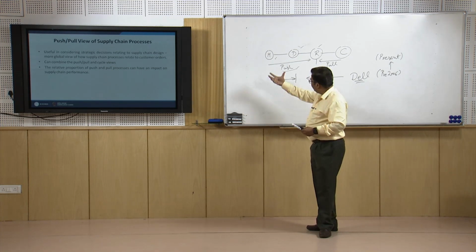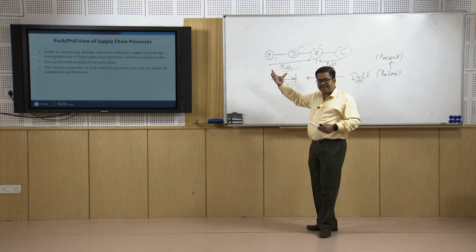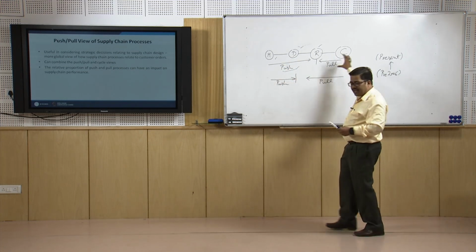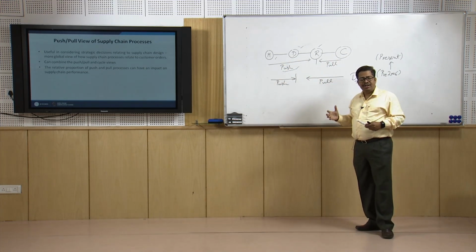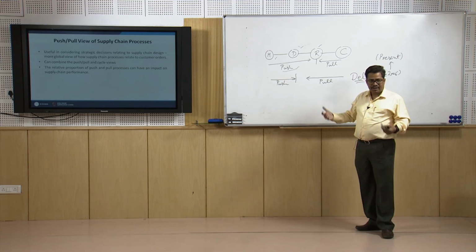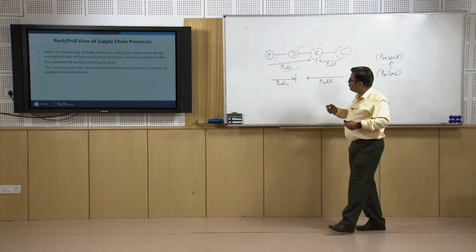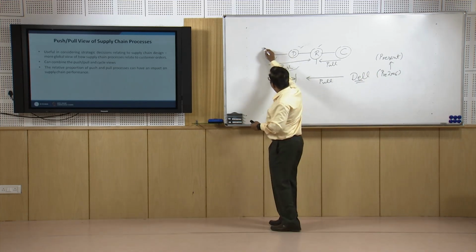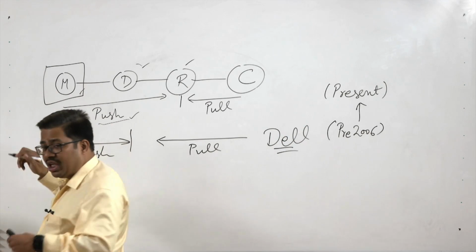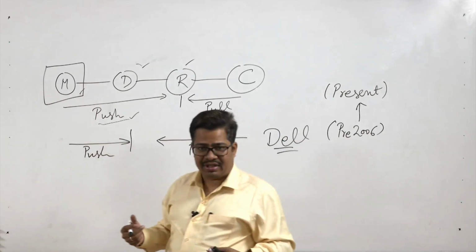So, now it is a very important strategic decision in the entire supply chain which stage is going to have how much risk, and many times you will see that the manufacturer needs to keep the maximum risk with itself.